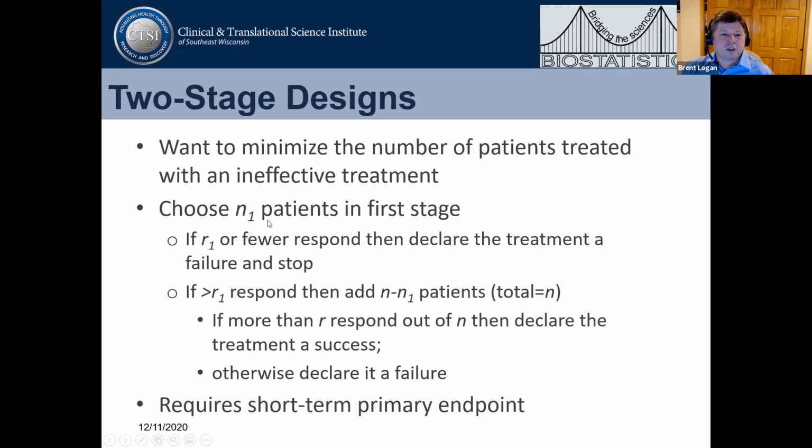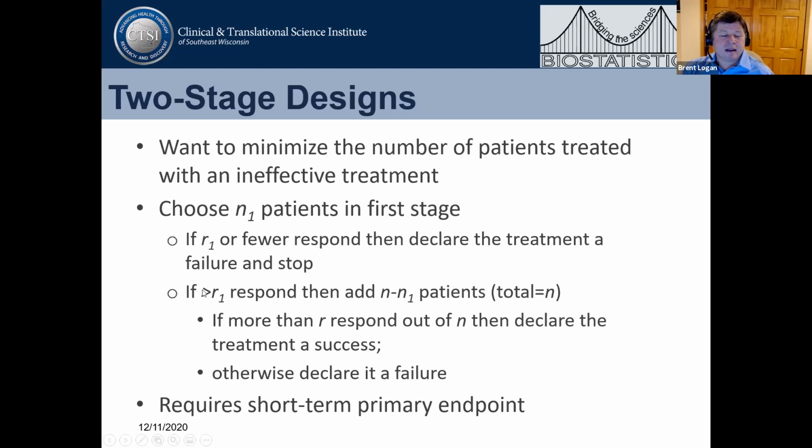So we start with a smaller number of patients in the first stage, let's call it N1. And if we have R1 or fewer successes in those N1 patients, then we stop, declare the treatment not promising, and don't continue enrolling patients.